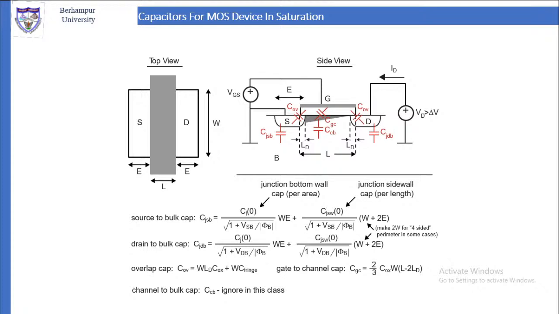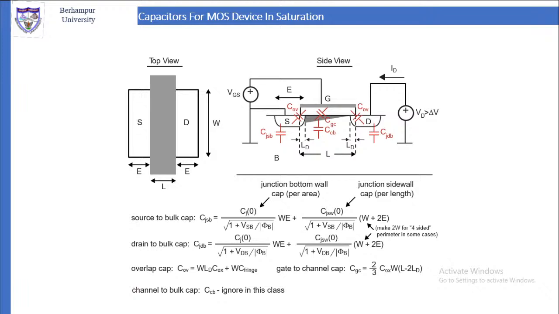From the top, on two sides you have S and D, source and drain. On the left side is source, right side is drain. In between them is the gate, which is sandwiched. The length of the gate is L. Length of source and drain is E. Width of drain and source is W. So now you know what are L, W and E from the top view.